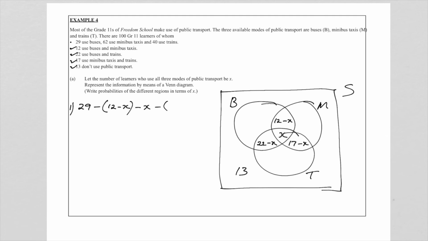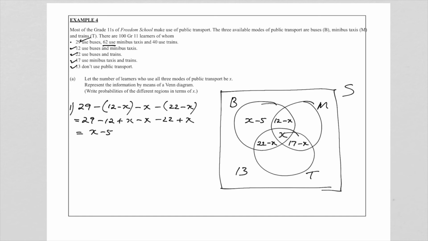Subtract the x, subtract in a bracket again, 22 minus x. And then we're going to remove these brackets, and please don't make sign mistakes here. So it's minus 22 plus x. And if you simplify that, you will get x minus 5. And that x minus 5 goes right here. So we are now done with the 29.